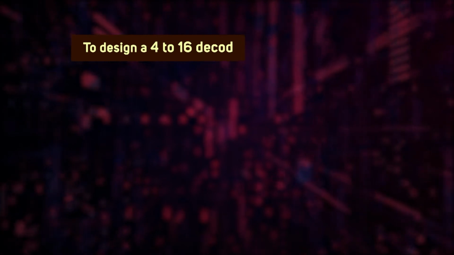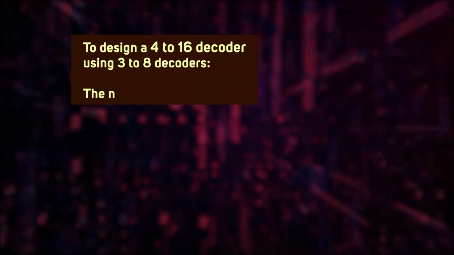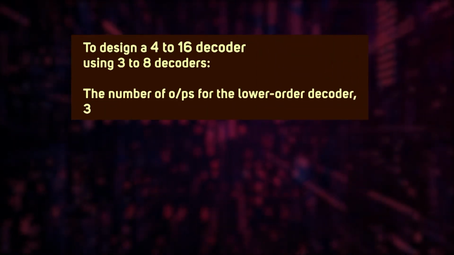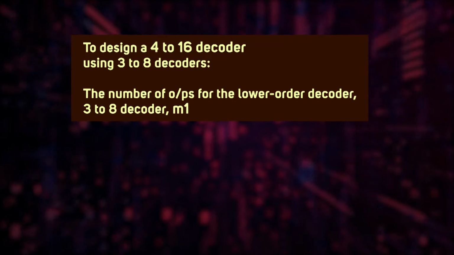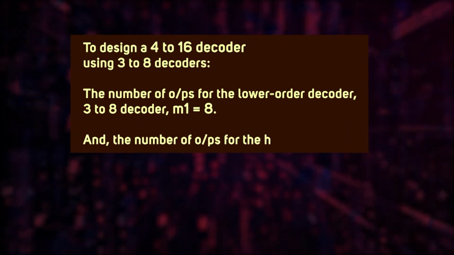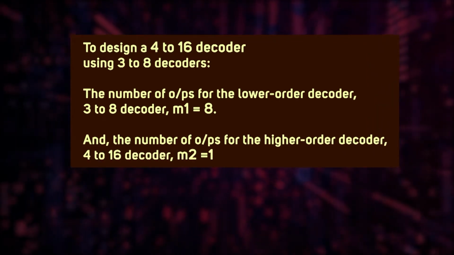To illustrate, let us design a 4 to 16 decoder using 3 to 8 decoders. Then the number of outputs for the lower order decoder, the 3 to 8 decoder, M1 equals 8 and the number of outputs for the higher order decoder, that is the 4 to 16 decoder, M2 equals 16.